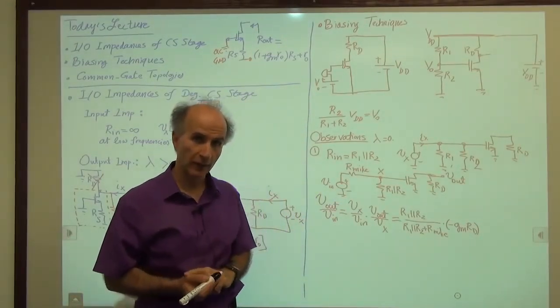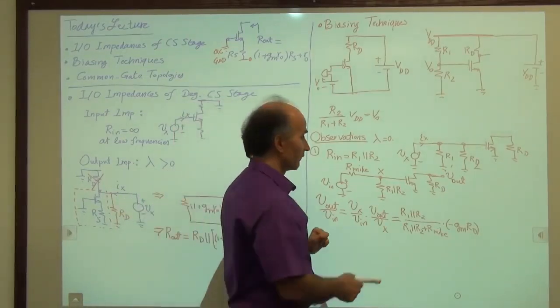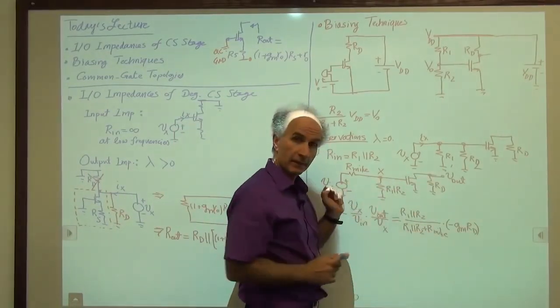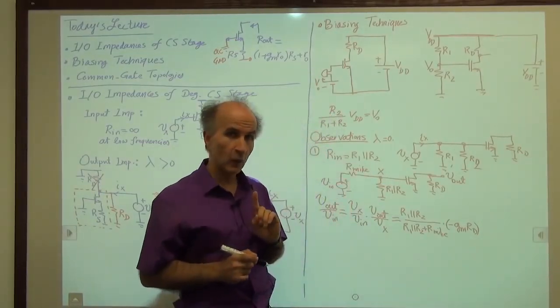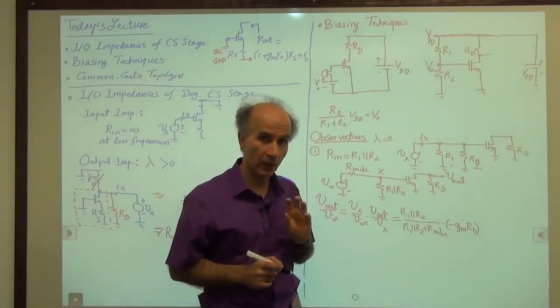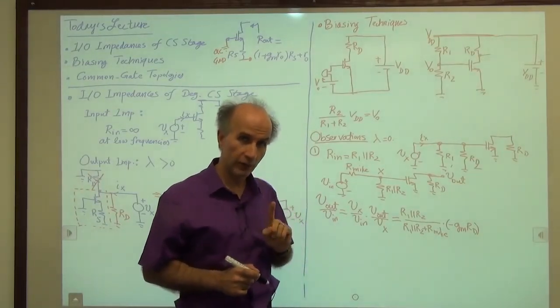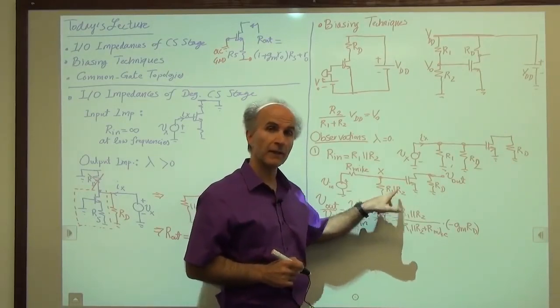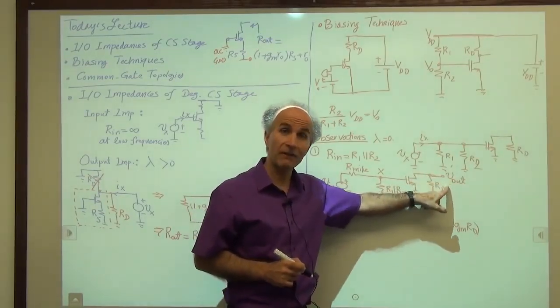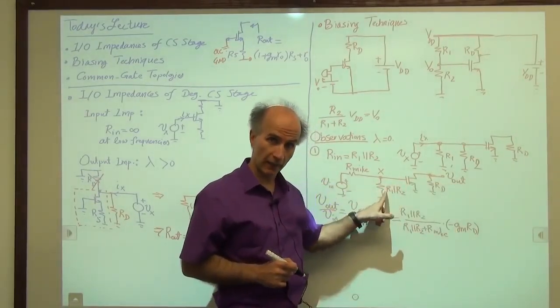One note of caution. When we say V out over Vx, in that calculation, what we really mean is we come in and apply an ideal voltage source from node X to ground and find its effect at V out. That is the definition of V out over Vx.